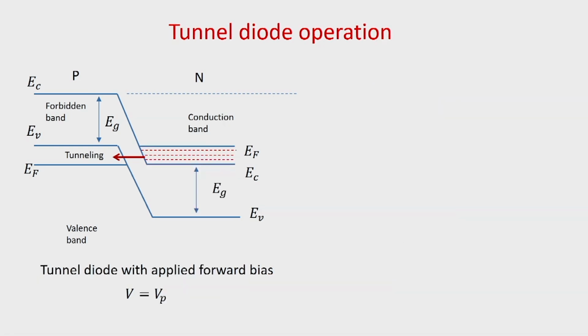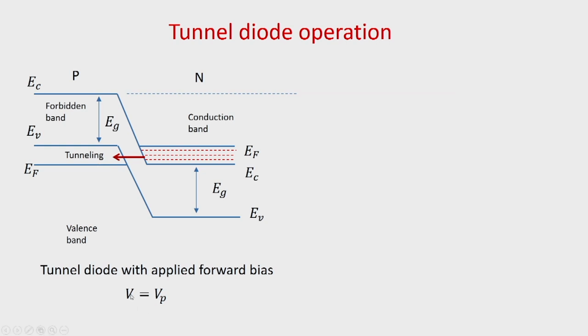Now, as we keep on increasing this applied voltage V, a situation will come when the filled band in the N type material will perfectly align with the empty states in the P type material, and we will have the maximum number of electrons tunneling from N side to P side.